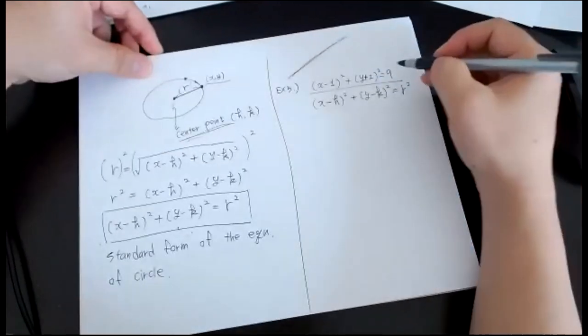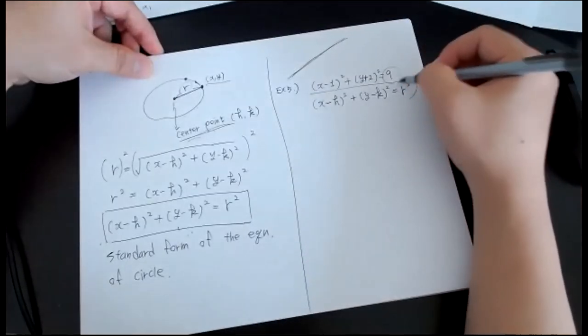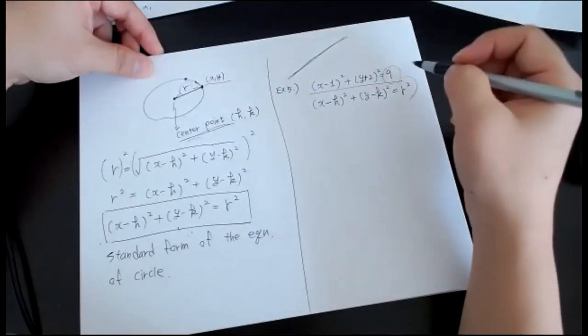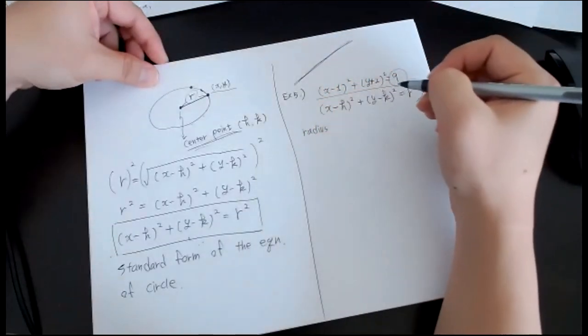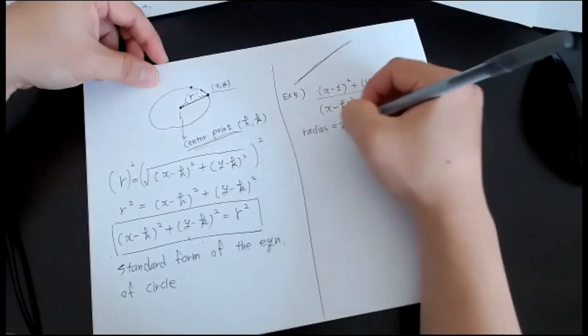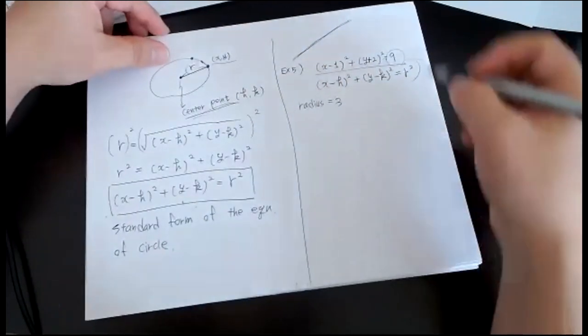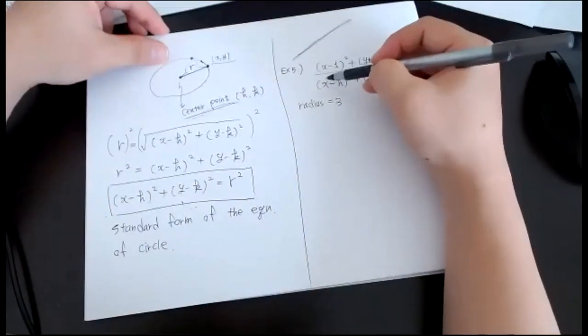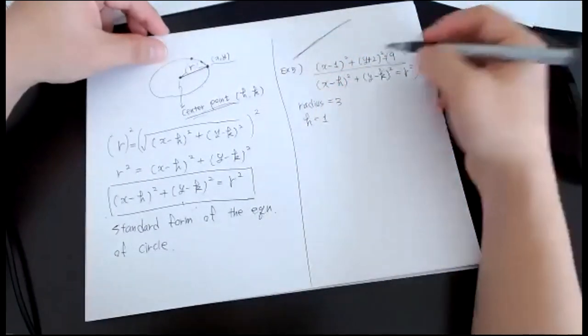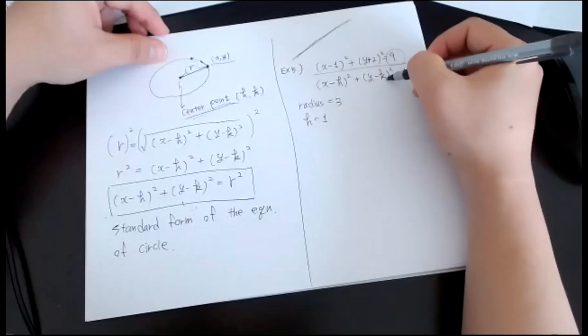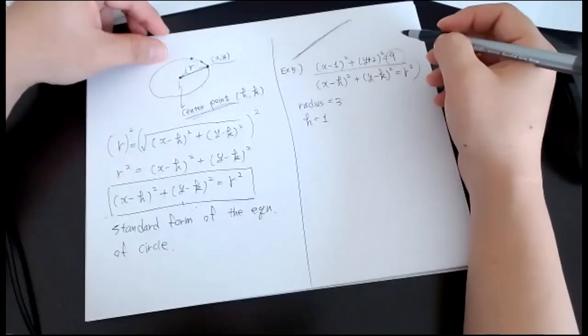First, on the radius, 9 must be r squared, right? It means that r equals 3. So the radius must be 3. And then you see x minus 1 and x minus h, so h must be 1. And y plus 2 and y minus k, then you may say k equals 2.